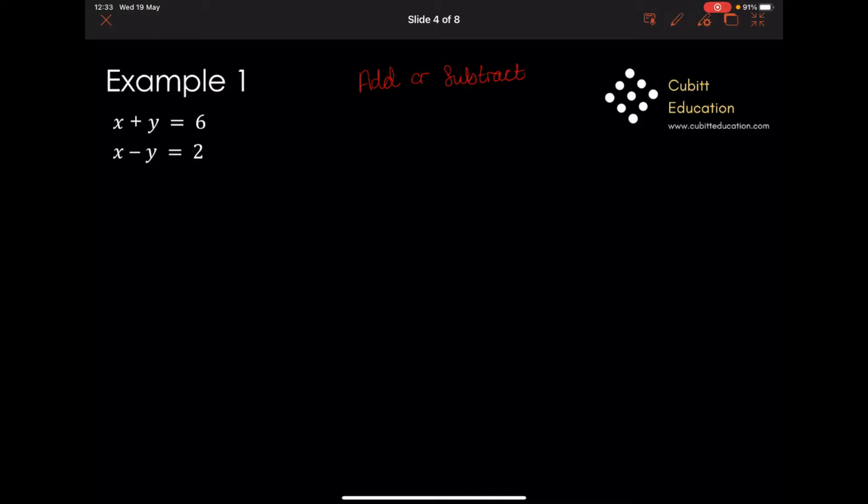You also need to be able to add or subtract negative numbers. I really urge you to revise that if you're not sure about how to do that. Add and subtract negative numbers, and sometimes times and divide as well.